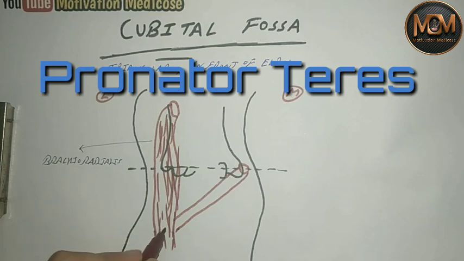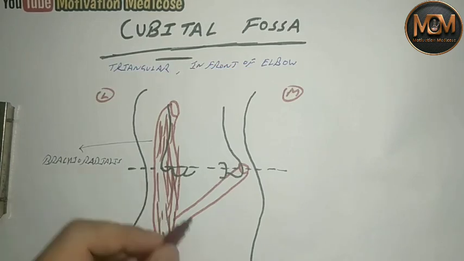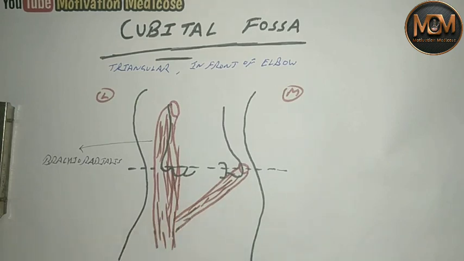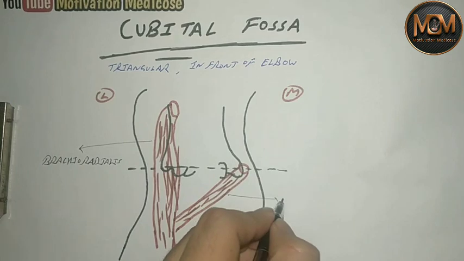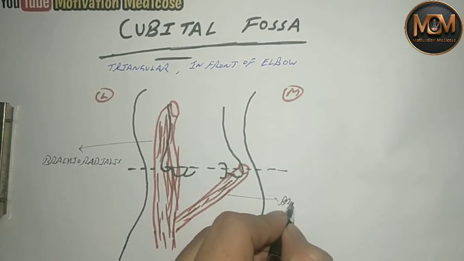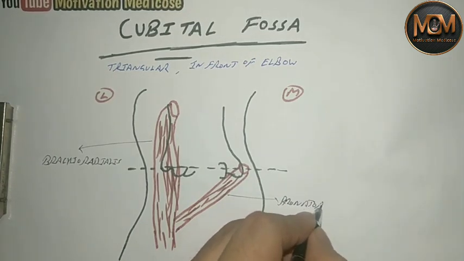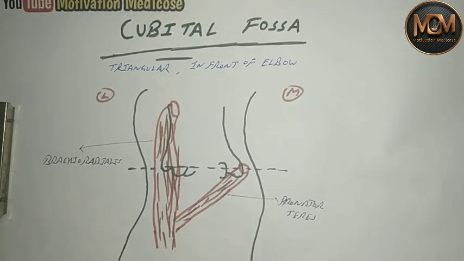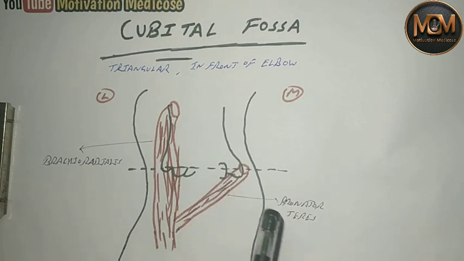As you can see, this brachioradialis overlaps the pronator teres muscle. These two muscles form a triangle.